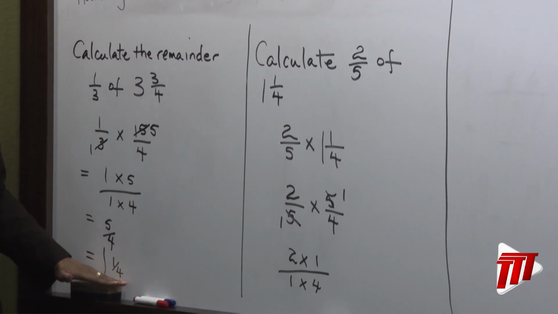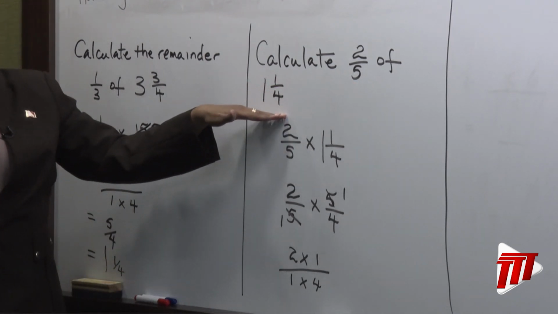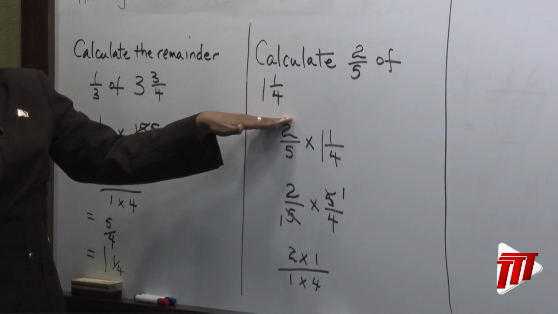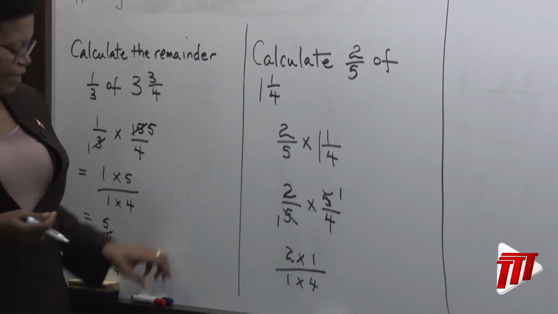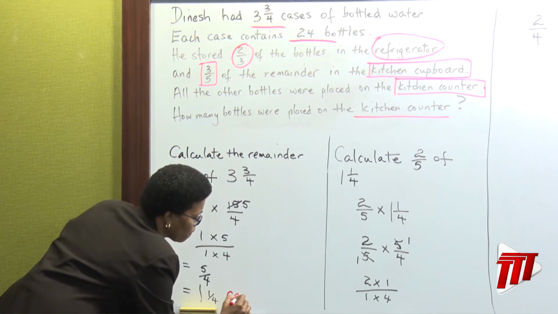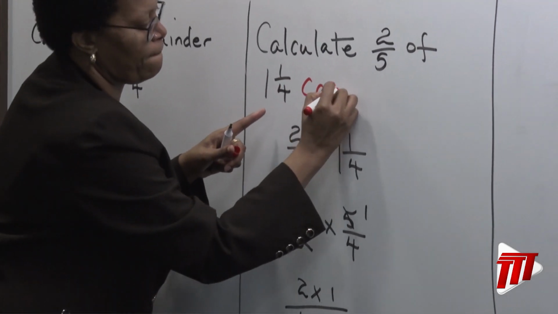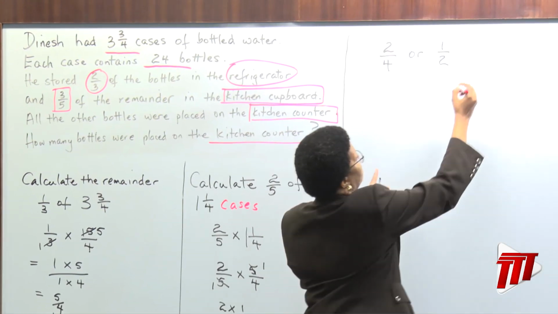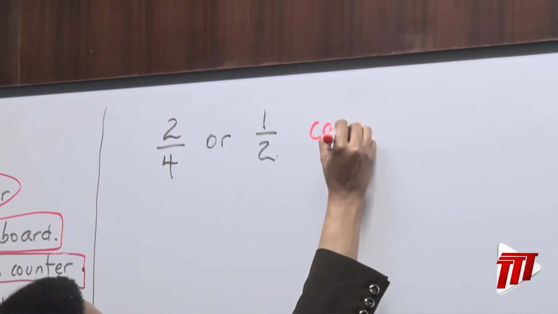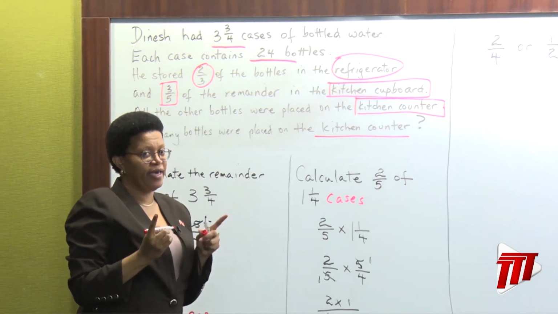Again, the unit would be cases. We are looking for 2/5 of 1 1/4. Again, we are talking about cases. Should we put that in? Let's add it. So our unit would be cases.